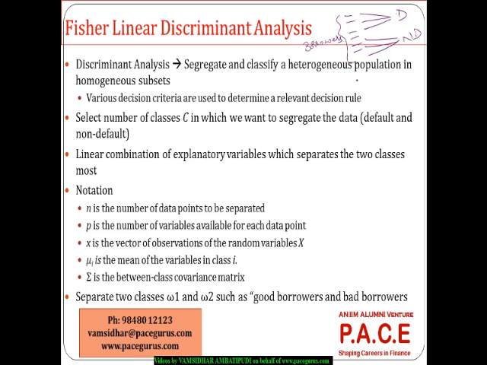The whole population, which has different sets of characteristics, I am trying to group into either a default or a no default category. So I am giving a decision criteria and coming out with a relevant decision rule based on which I am identifying the number of classes. See, here I have identified, let's say, two classes, default versus no default. I am doing the segregation of the data, right?